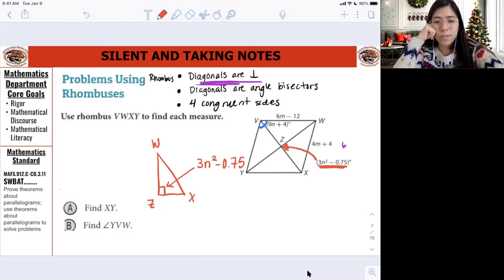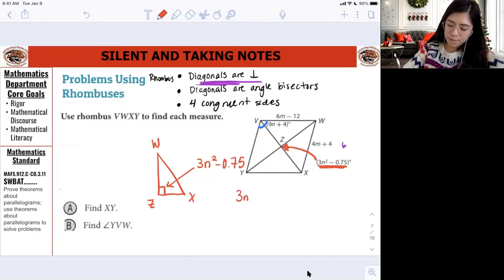How much is that angle equal to? Angle Z? 90 degrees. Can somebody, anyone, please, for the love of God, make me an equation? Three n squared minus 0.75 equals 90 degrees.